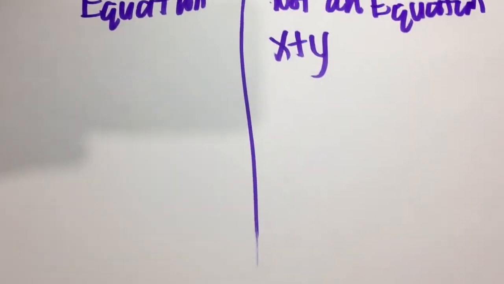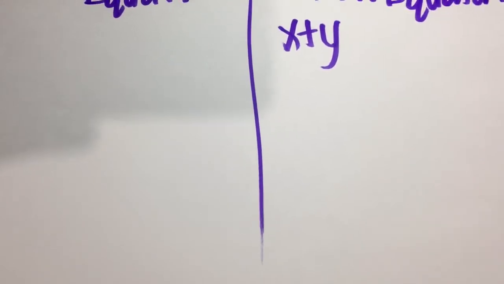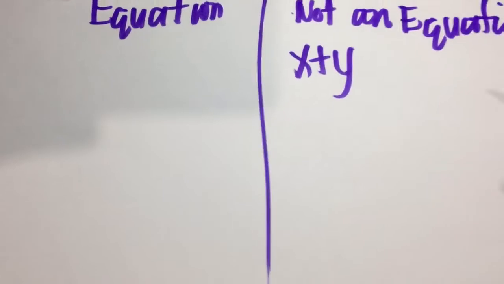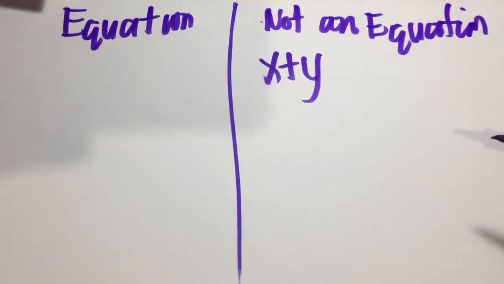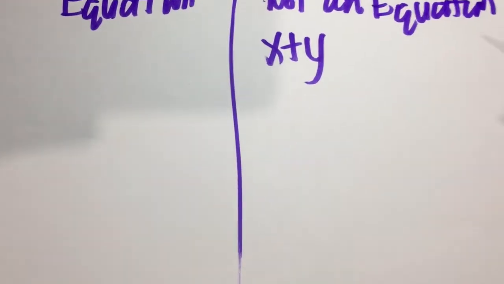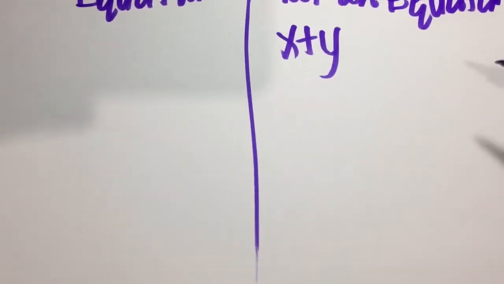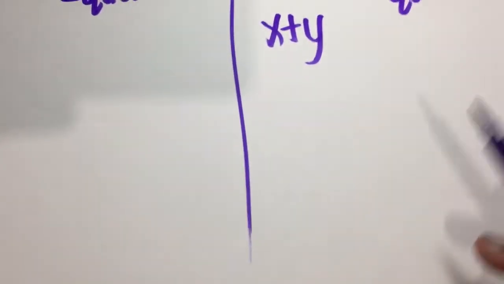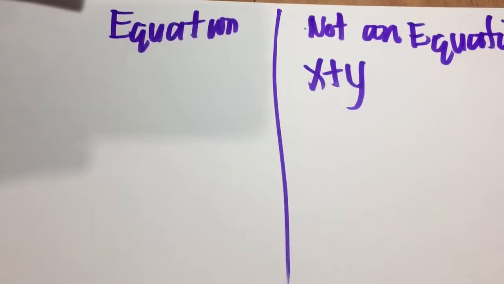Why? We said that an equation contains a variable and a constant and it has an equal sign. We can see x plus y are letters which represent the variables or the unknown, but it doesn't have an equal sign and a constant. So x plus y is definitely not an equation. The next example is 4d minus 8 equals negative 2d.